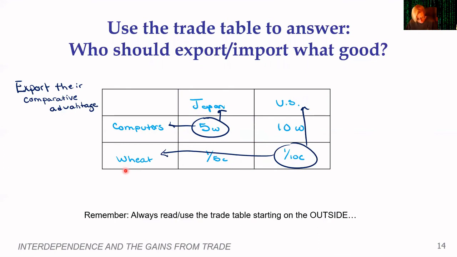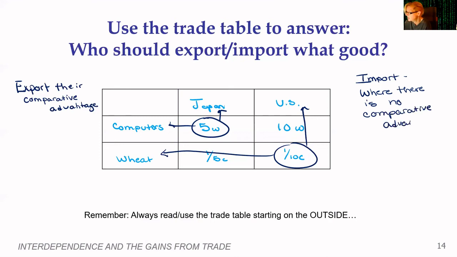Okay, the second part of this question asks who's going to import what? So a country is going to import wherever there's no circle. So where there is no comparative advantage or no circle. So let's look at this and let's see where we have no circles.